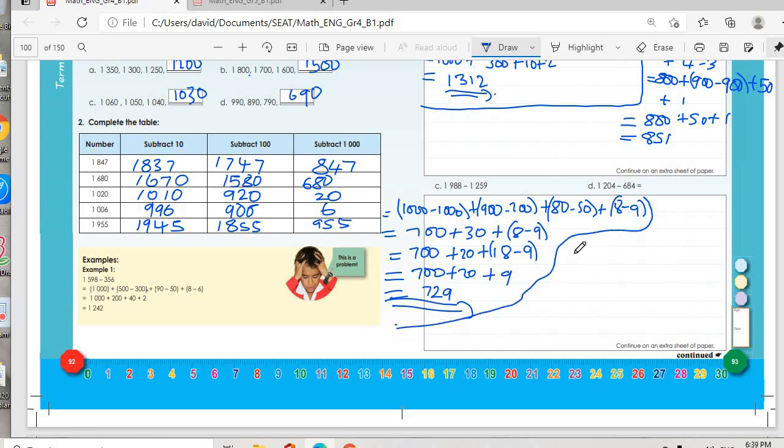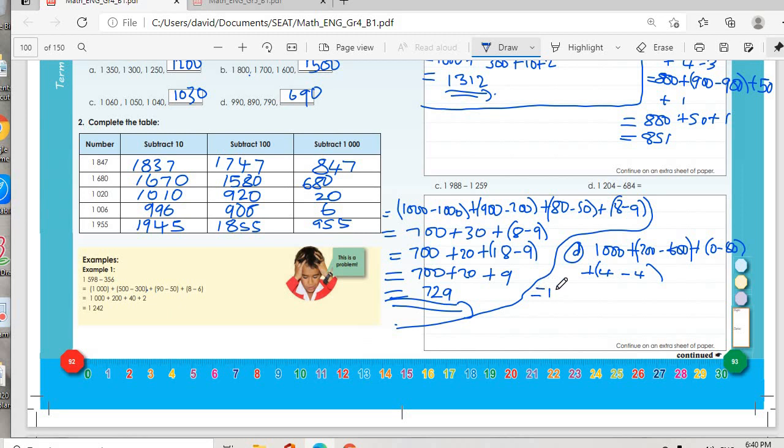Right, then this one D, question D, we are going to say 1000 plus 200 minus 600, then plus 0 minus 80, then plus 4 minus 4.